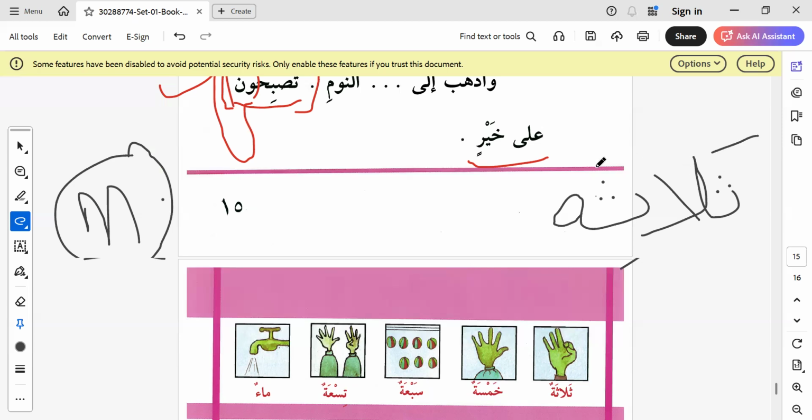So, in this case, students. The plural will come. What's the plural of طالب? Yeah. طلاب.